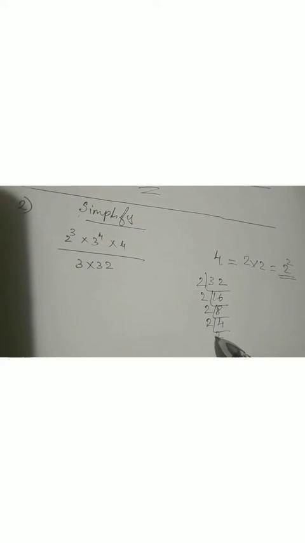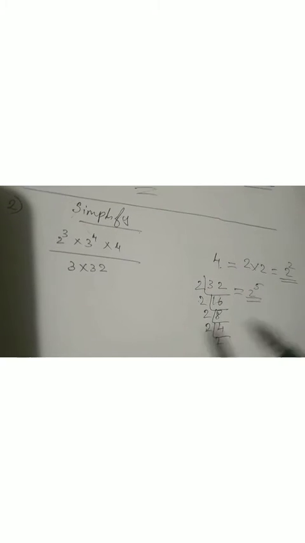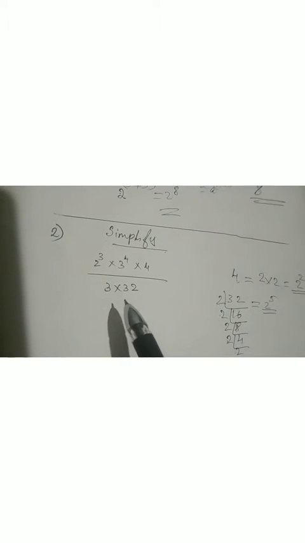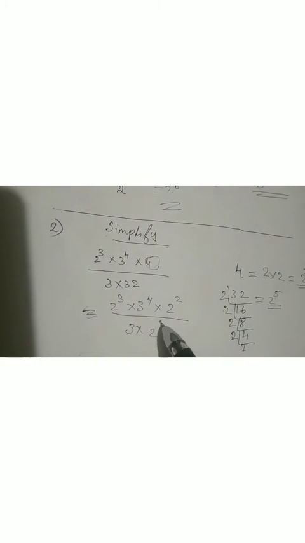How many times? 1, 2, 3, 4, 5. So 32 is equal to 2 raised to 5. Now we can convert the given question into 2 raised to 3 multiplied by 3 raised to 4 multiplied by, instead of 4, we can write 2 raised to 2, the whole divided by 3 times 2 raised to 5.